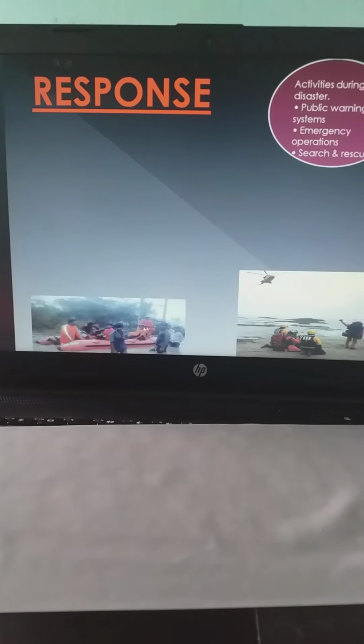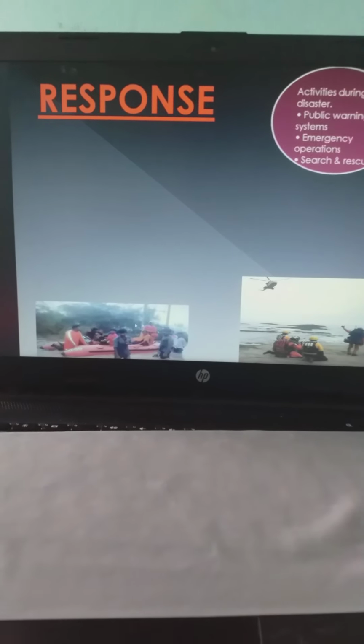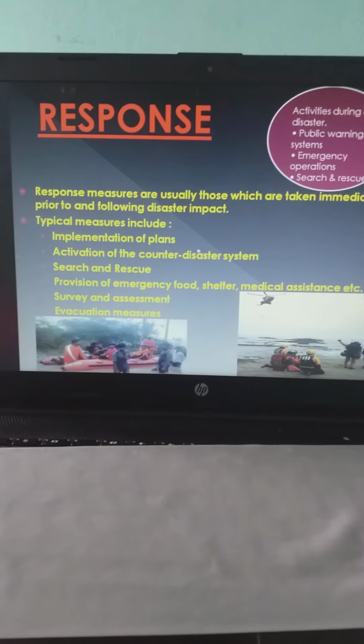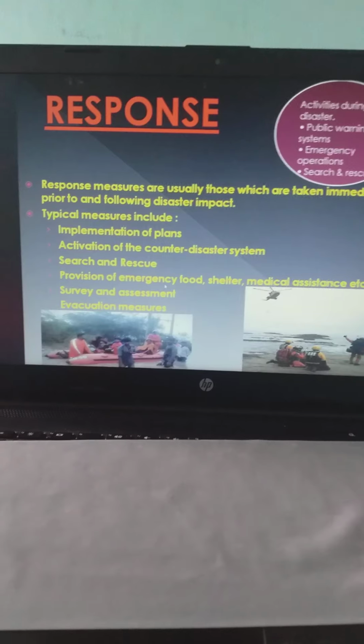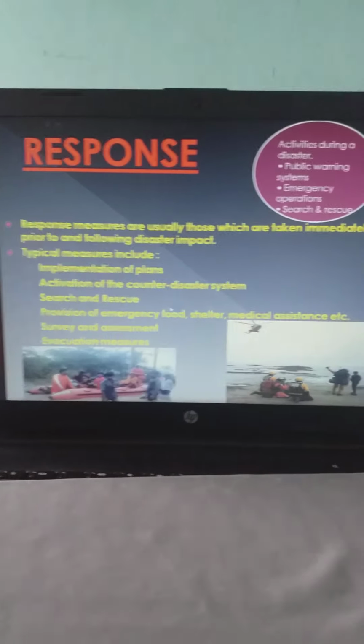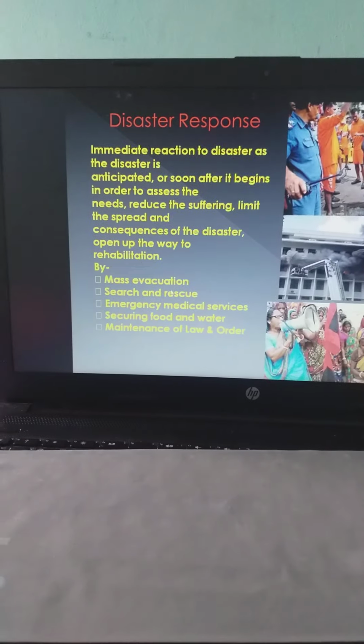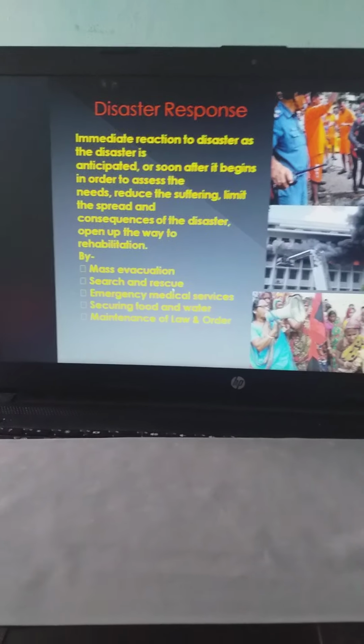You see the pictures here with helicopters, and they are trying to rescue. Now response, you all know: implementation, survey, evacuation measures, provisions, food, shelter, medical assistance, even so necessary. You see how they are working in the field to rescue: mass evacuation, search and rescue, security, food and water, maintenance of law and order.